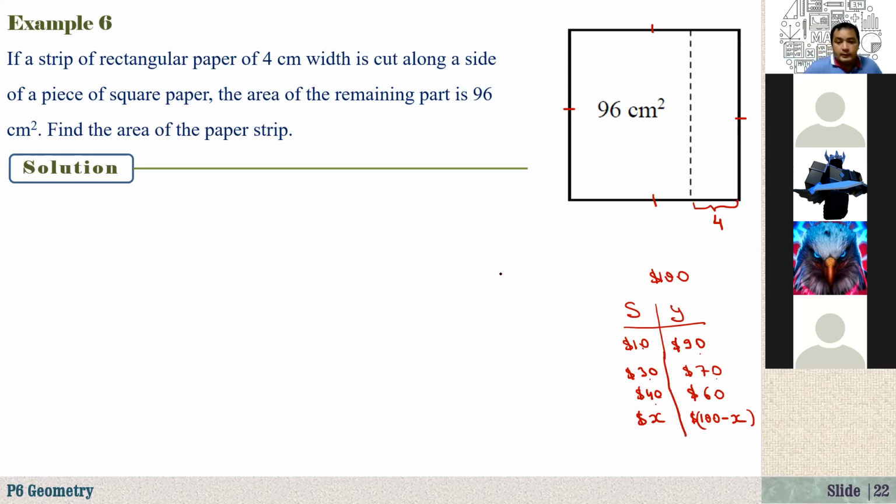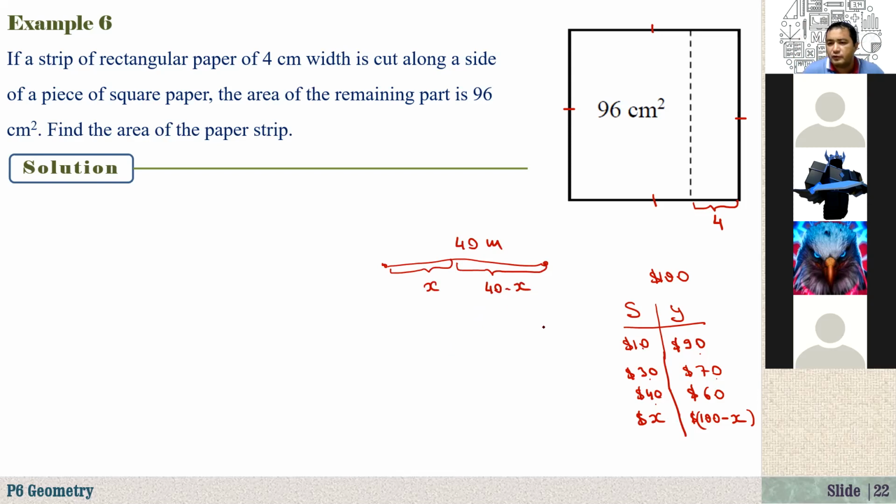Yasmin, suppose that we have a piece of rope, and the length is, let's say, 40 meters. If this part is X meters, what will be the remaining part? 40 minus X, I suppose.